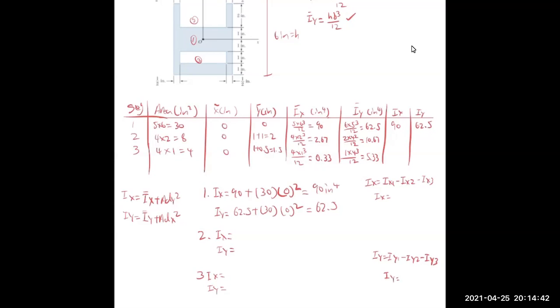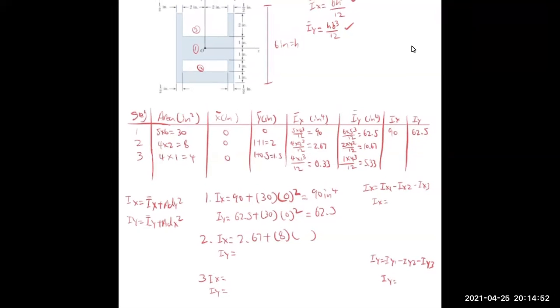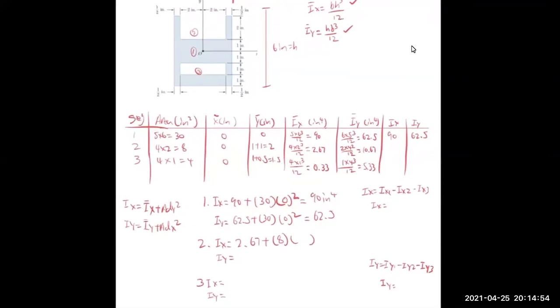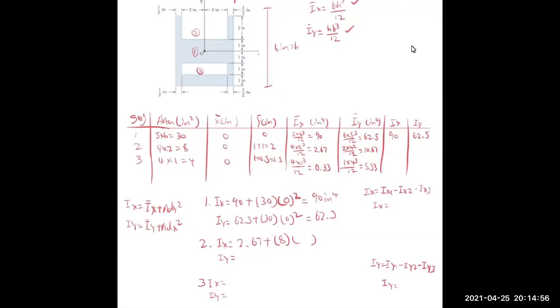So for segment 2, it is 2.67 plus the area, which will be A, plus the dy. Okay, so dy right here will be this one right here, because this is the centroid of the entire composite body, right?